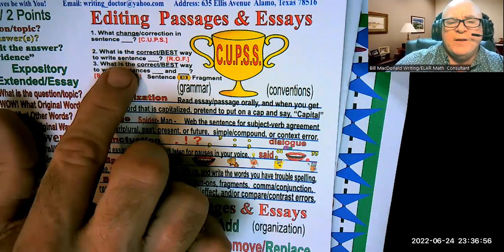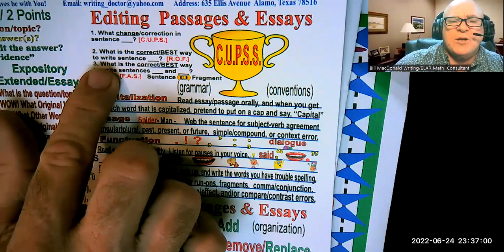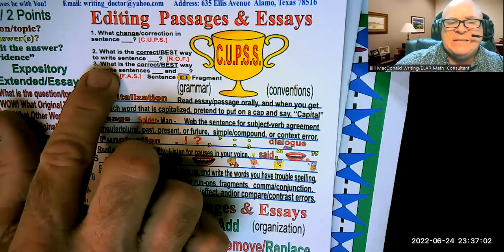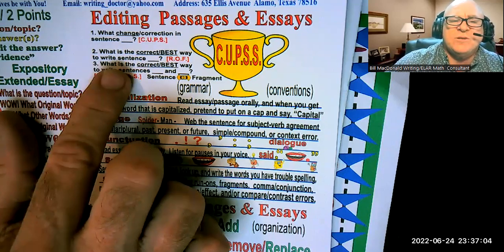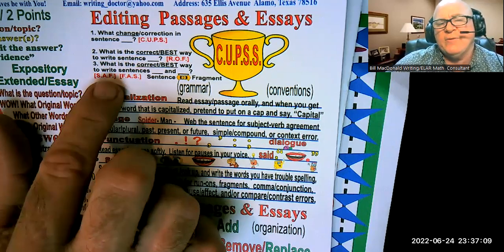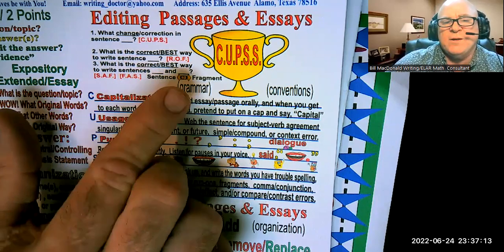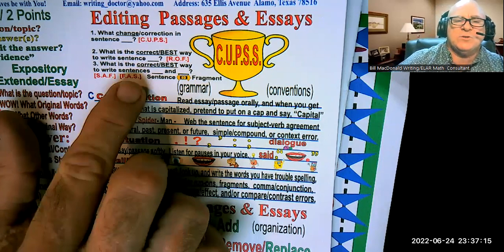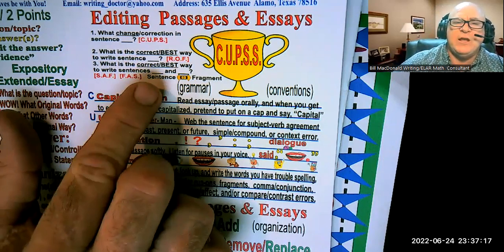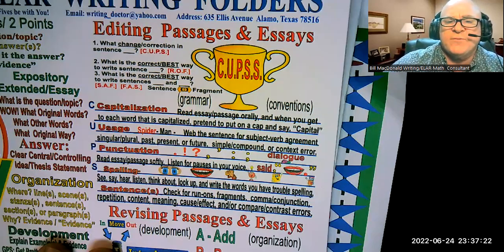And the third way you might see a sentence in editing from 3rd through 10th grade is what is the correct or best way to write sentences, plural, and those are usually SAFs, where the first one is a sentence and the second one is a fragment, or the first one is the fragment and the second one is the sentence. So please change your posters, your anchor charts to 2 S's for sure.